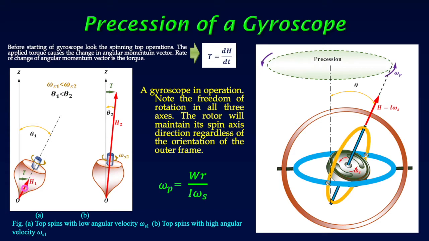Now if we draw this diagram, then we also have discussed in the last chapter that the torque causes the change of momentum, and due to this the change of angular momentum is in this direction, the same as the torque.